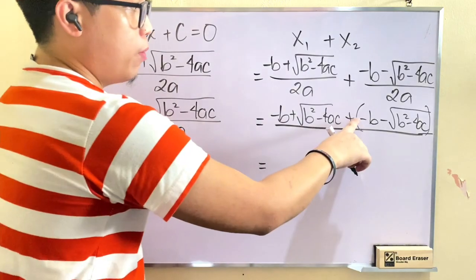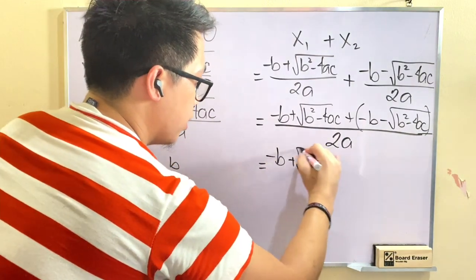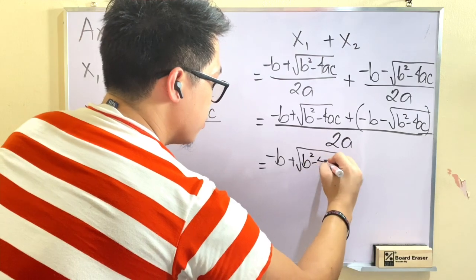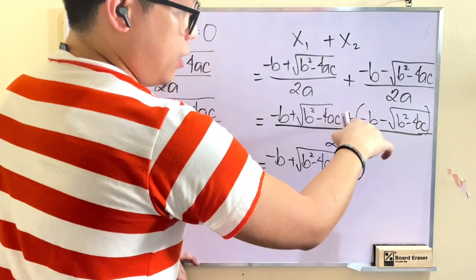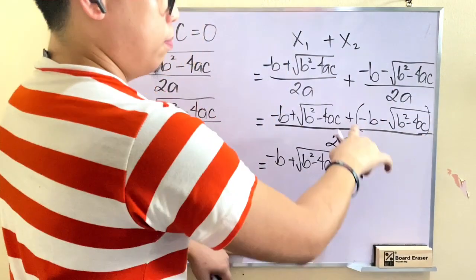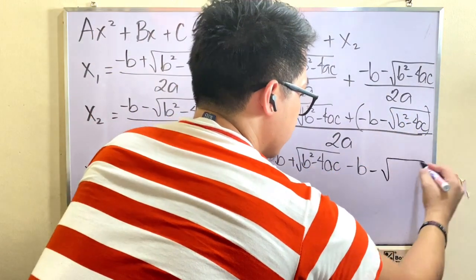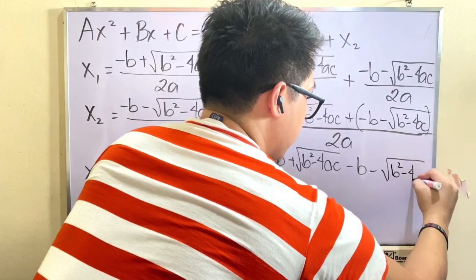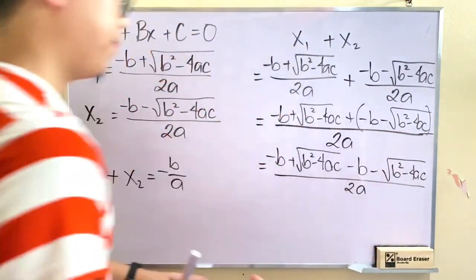Next step, kailangan mawala yung parenthesis. So, negative b plus square root of b squared minus 4ac. Positive times negative is negative. B squared minus 4ac divided by 2a.